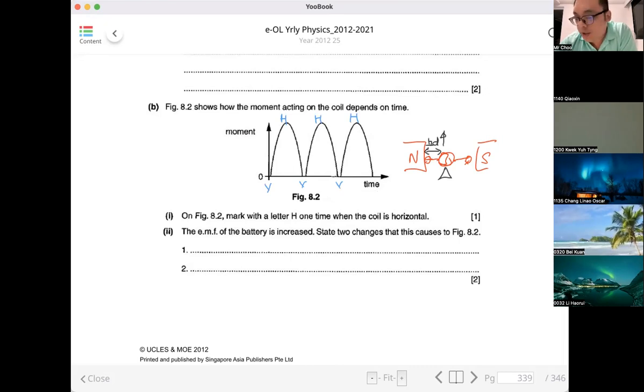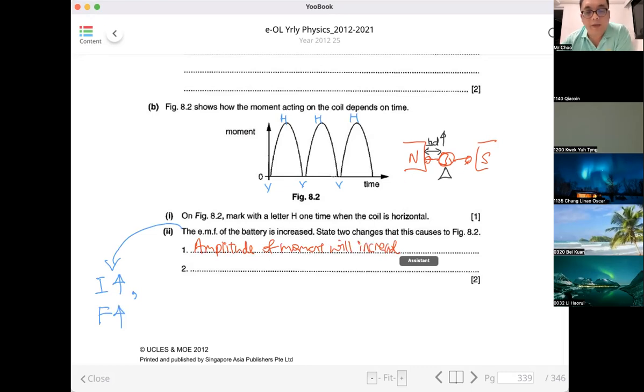Then when you increase your battery, what happens? When you increase your EMF, your current goes up, so your force will increase as well. So what you will see in the graph is your amplitude will go up. You must say that the amplitude of the moment will increase.